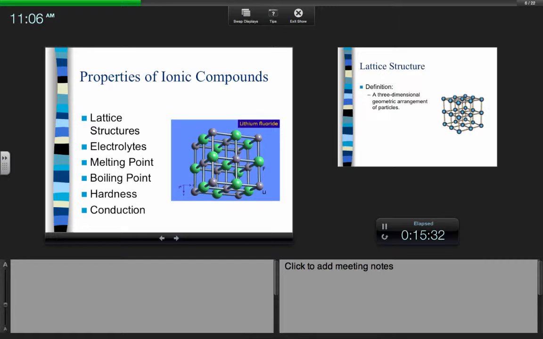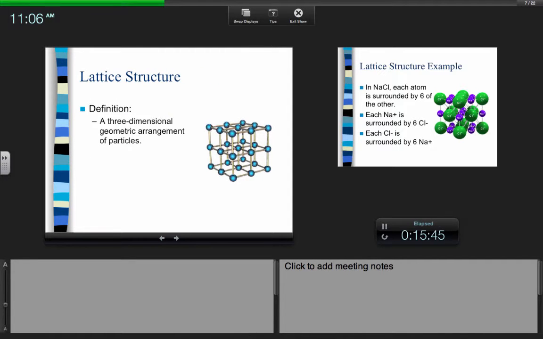Have you ever played on a jungle gym? It's like a jungle gym. It's got interconnected pieces that are combined by bonds. This is what we call a lattice structure. You don't need to write this one down, but basically it's a three-dimensional geometric arrangement of these different atoms placed together. Ionic bonds form this naturally, which is so neat.